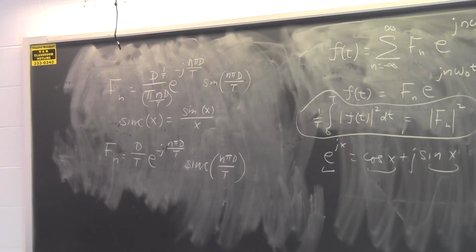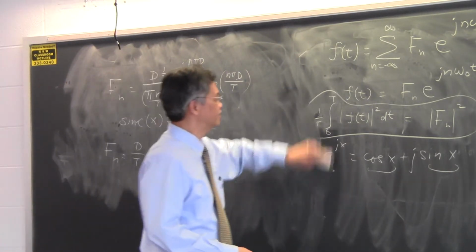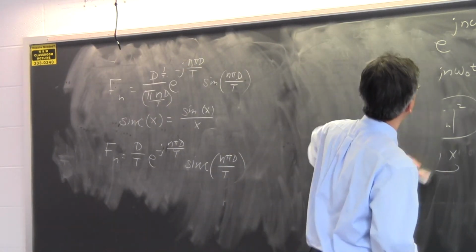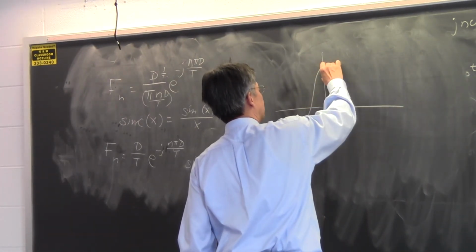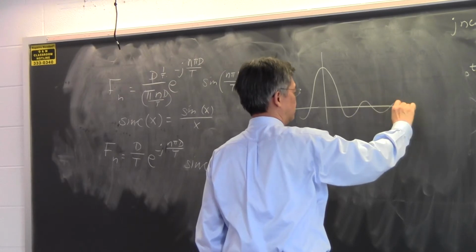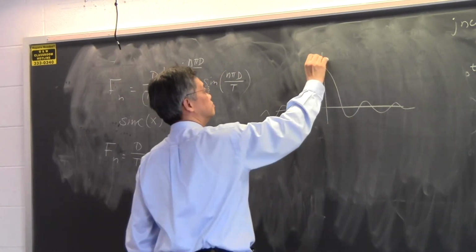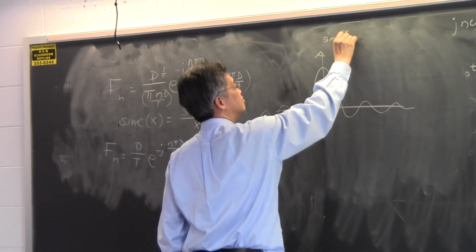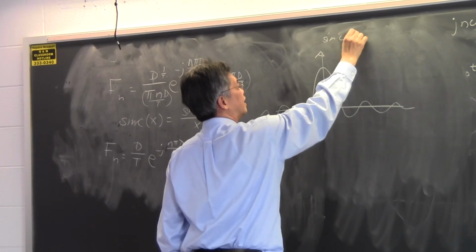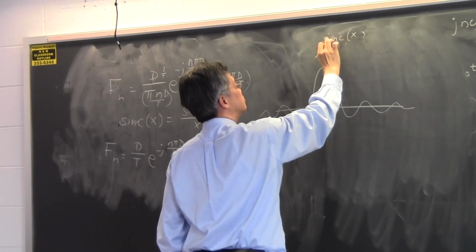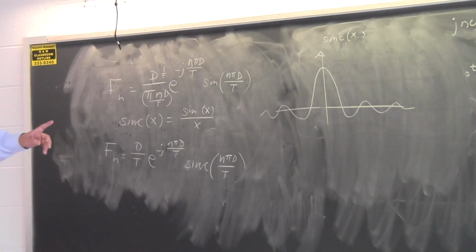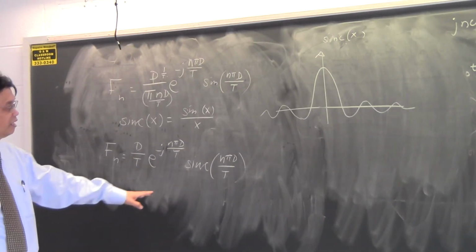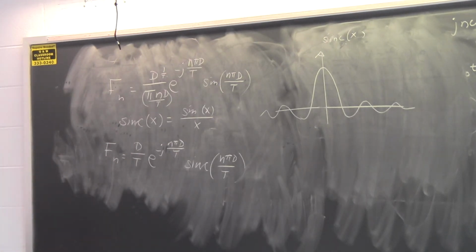If you were to plot the sinc function, it looks something like this. Sinc of x. So the Fourier coefficients of a square function is a sinc function.